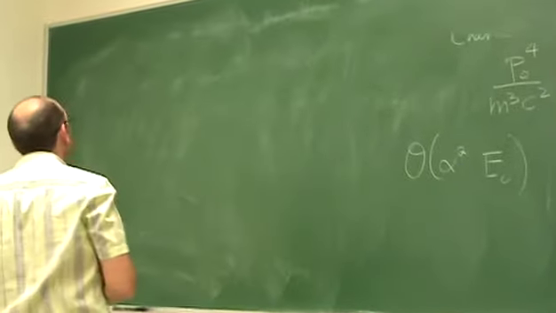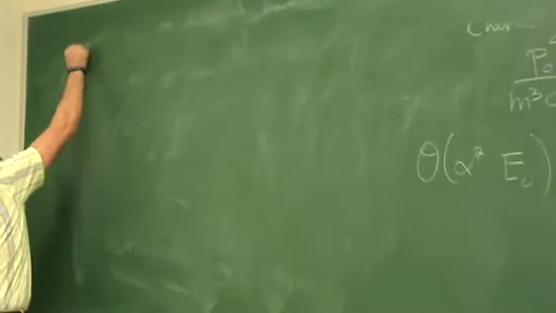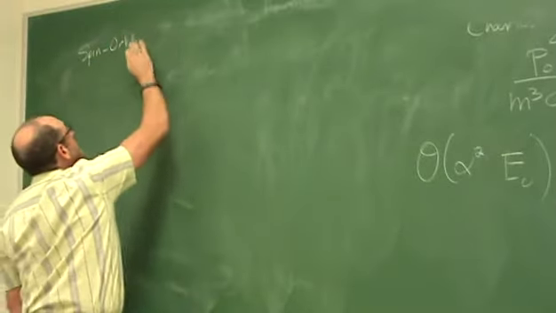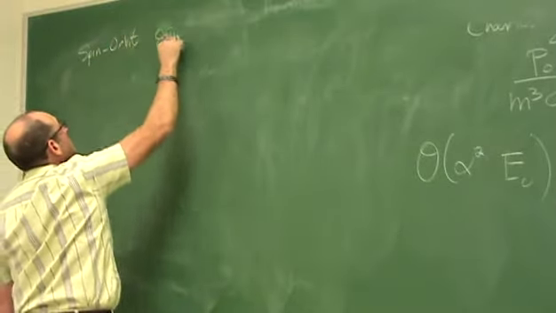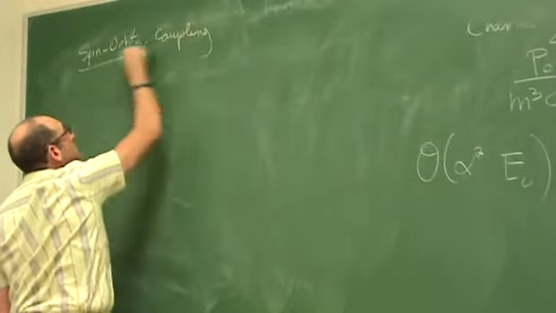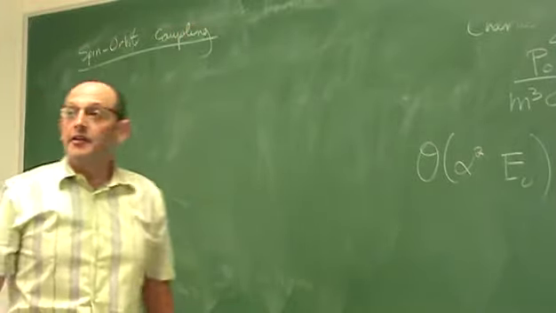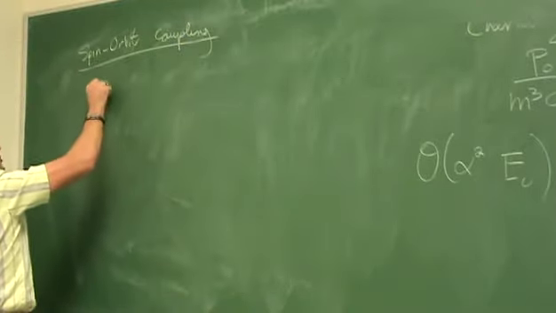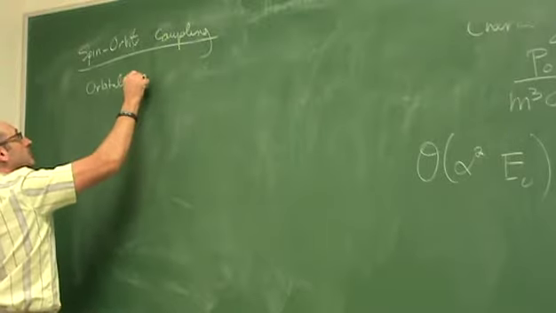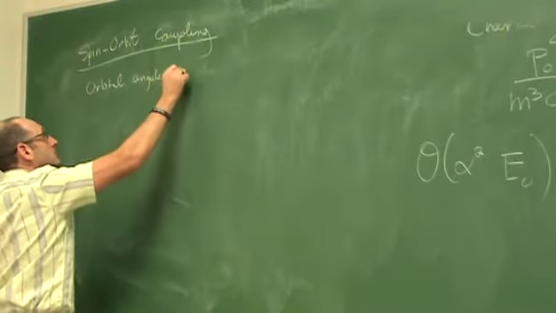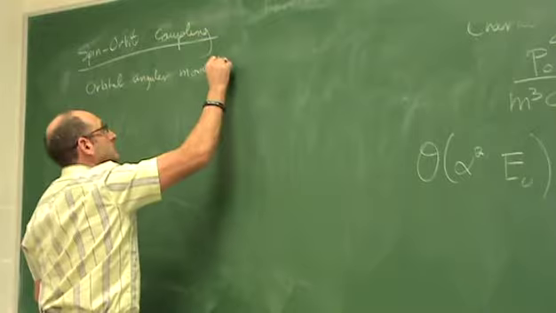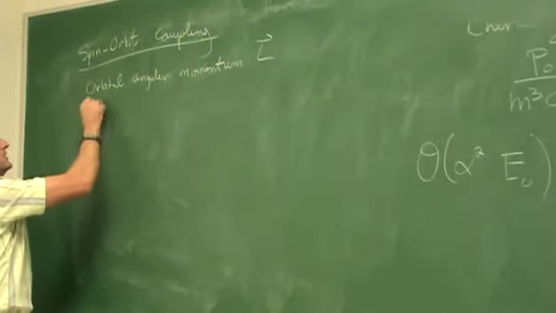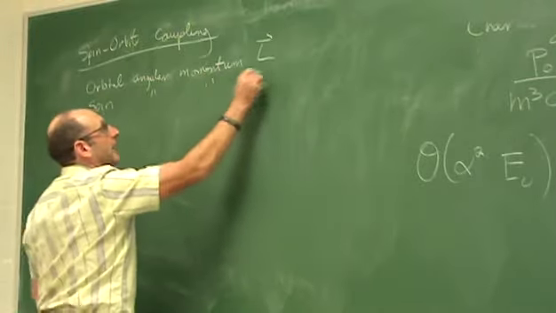So we have what is called spin orbit coupling. There is an effect which couples the orbital angular momentum L to the spin angular momentum S.